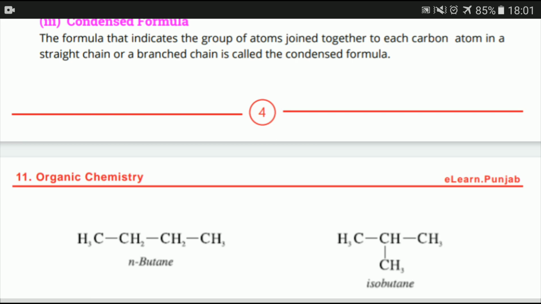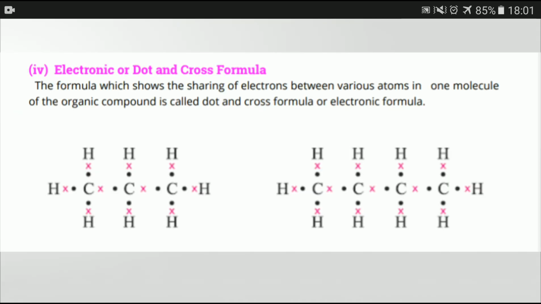Now this is the structure of N-butane and isobutane. This is the condensed formula in which groups of atoms are joined together to each carbon atom. Now the 4th kind is electronic formula or dot and cross formula.